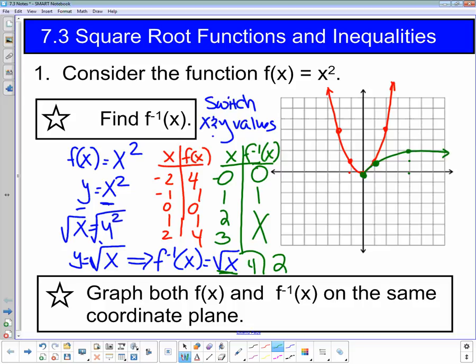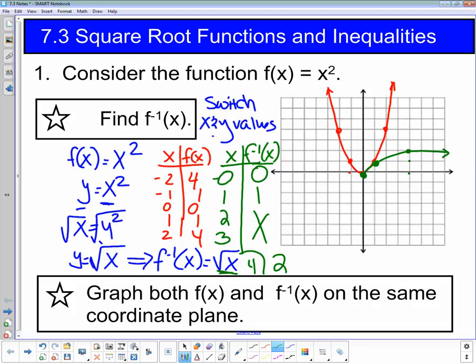Notice that when we plot this f inverse, which is the square root of x, it only gives us positive y values. Like I said before, if we put a negative value underneath a square root, it doesn't exist. It's an imaginary number.